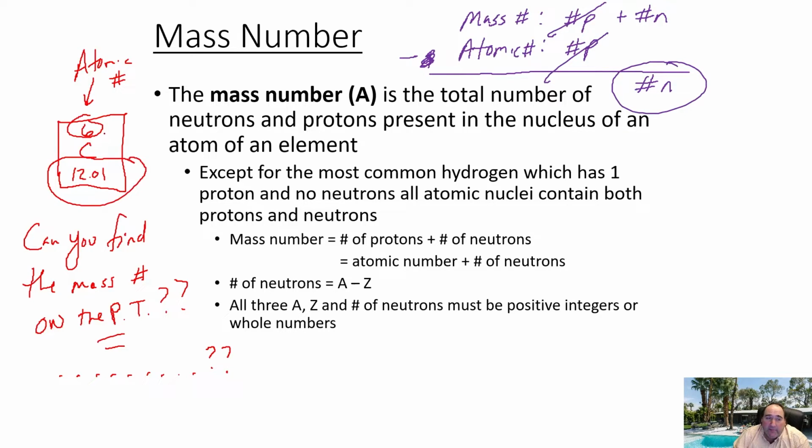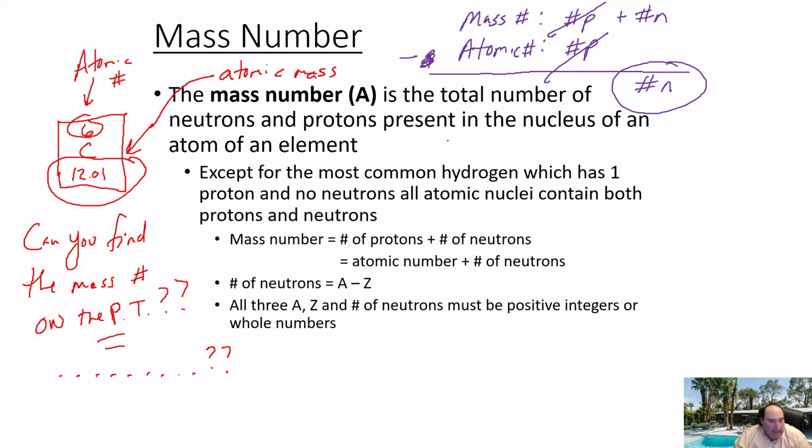This number right here, which might be what you're pointing to, is not, and I repeat, not the mass number. That is, as we'll talk about a few slides down the road, what is known as the atomic mass, which once again is not the mass number. How do I know it's not the mass number? Well, that's carbon, for example.